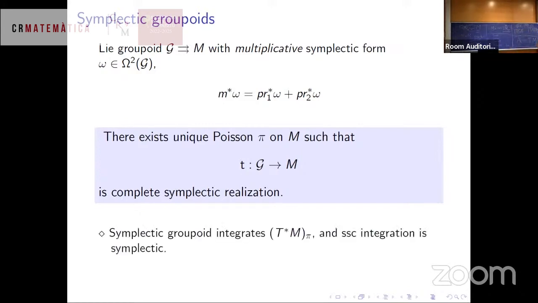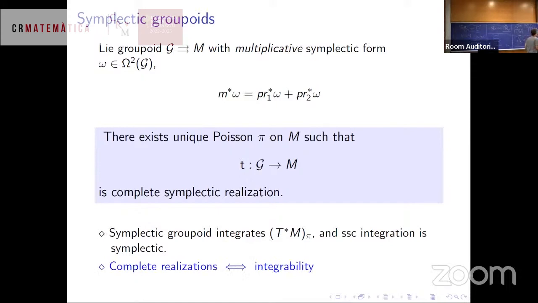And another property is that any symplectic groupoid turns out to integrate the Lie algebroid of its base Poisson manifold. And this is almost an if and only if, modulo some source simply connected issue.